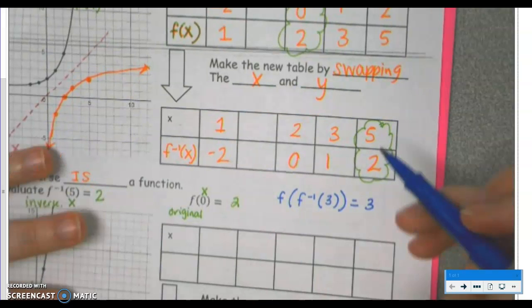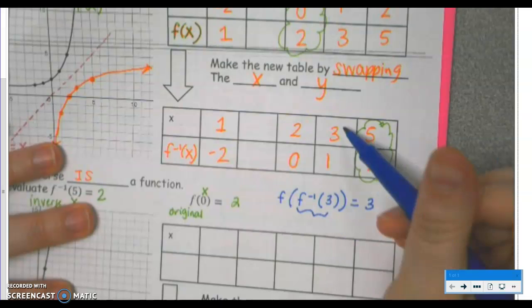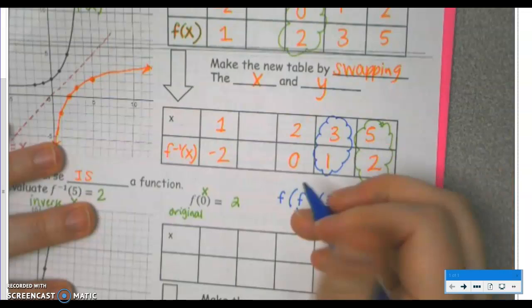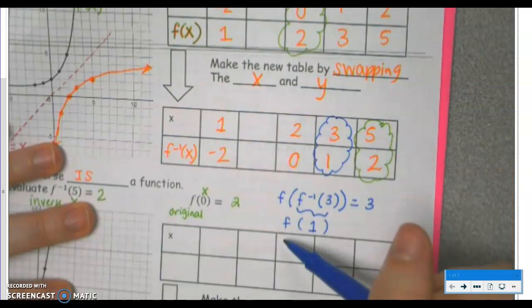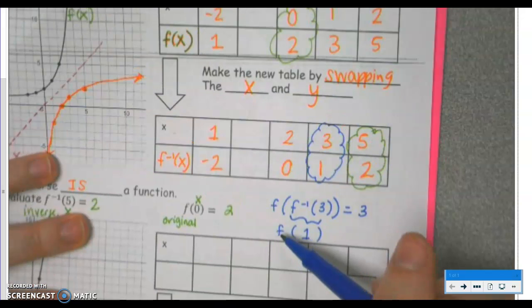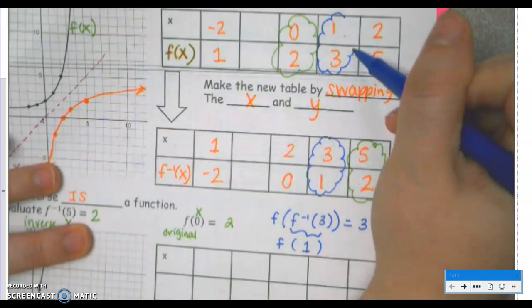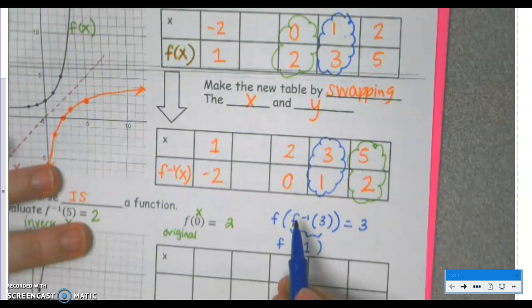So I'll show you on the table. If I use the inverse copy and I see where x is 3, my y is 1, and then I go to my original copy and see where x is 1, the answer is 3. And so that's going to be the case all the time.